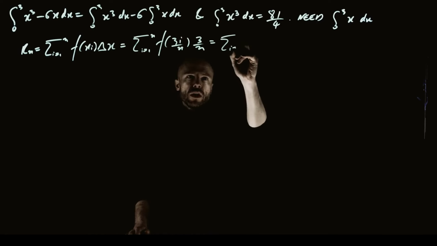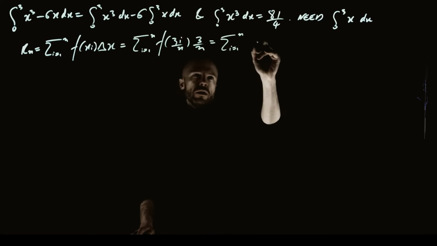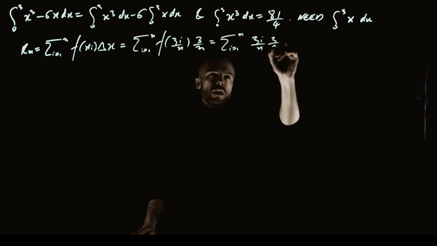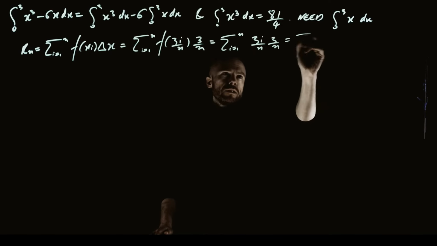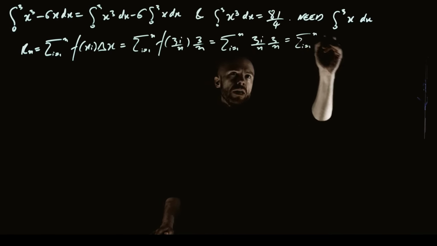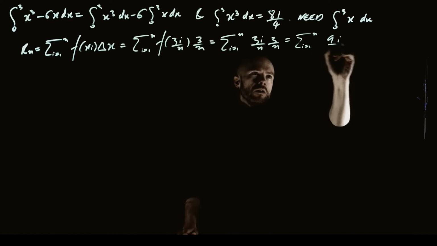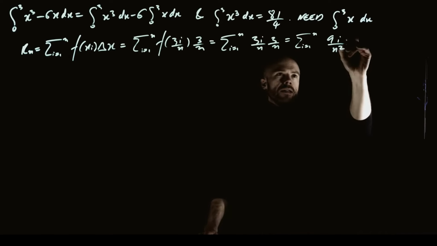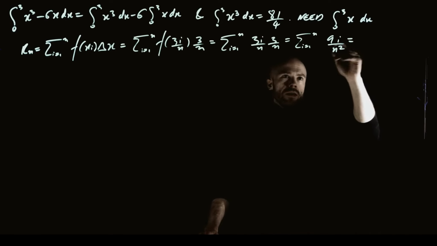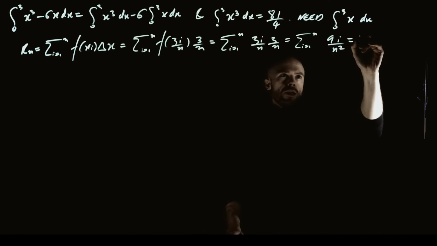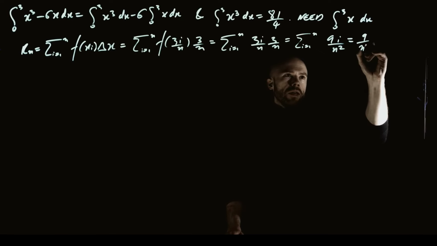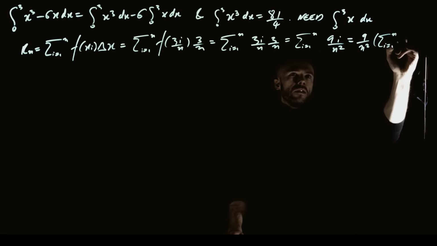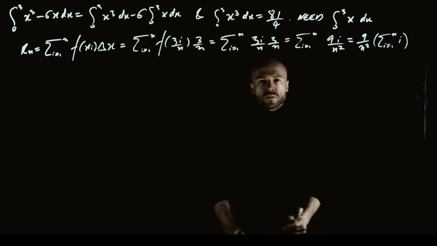So then that's the sum from i equals 1 up to n of 3i over n times 3 over n, and then that's the sum from i equals 1 up to n of 9i over n squared. And again, we can pull out this 9 over n squared, and then we're going to have 9 over n squared times the sum from i equals 1 up to n of i.